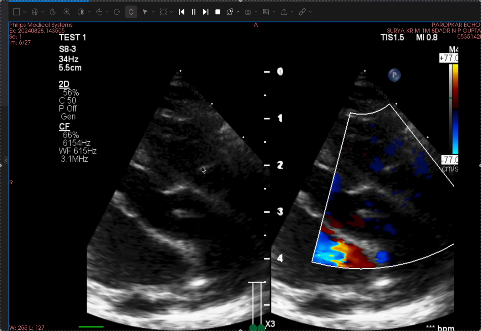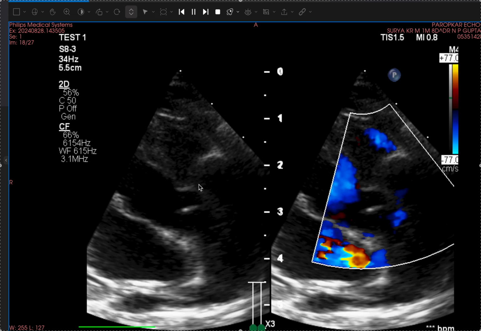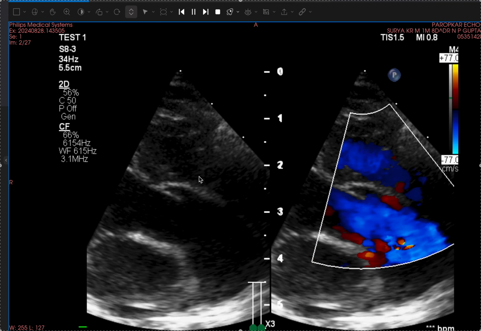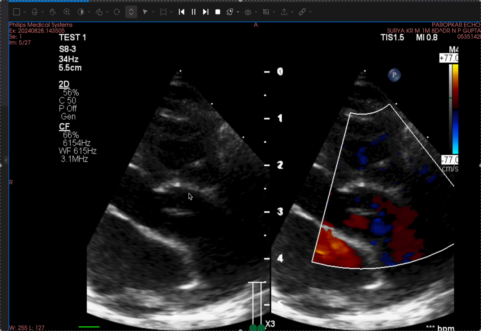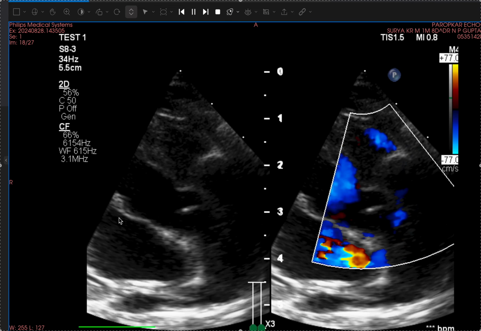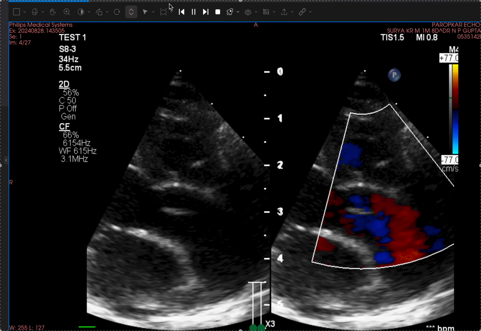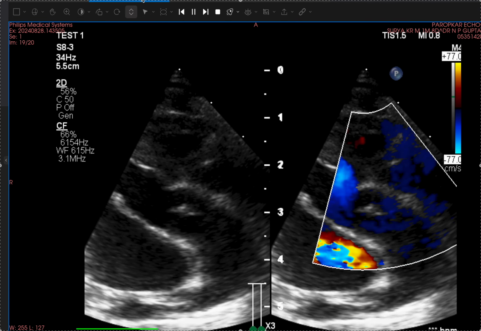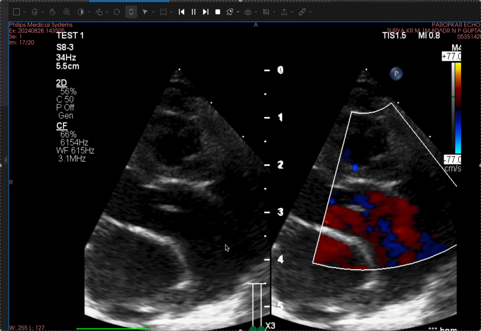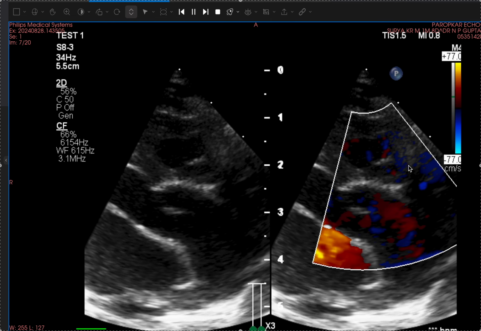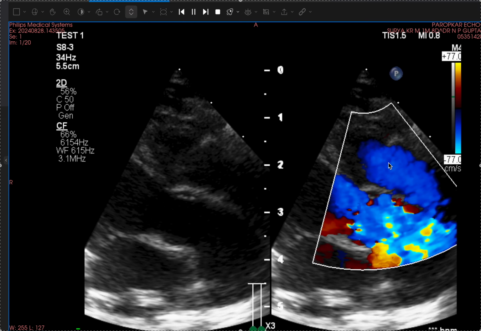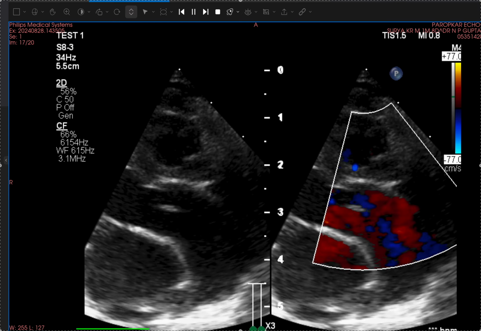So both are parallel in initial course, indicating transposition of great arteries, from left atrium, left ventricle, and then pulmonary artery. Look, this is pulmonary artery, this is aorta. Aorta is anterior and slightly left.